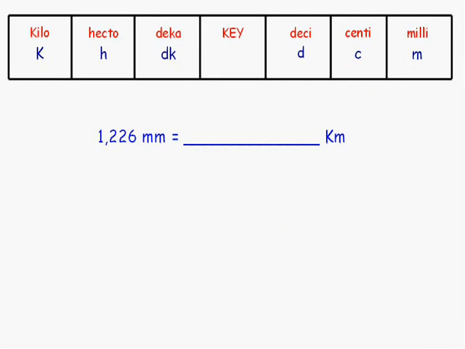Finally, this time, let's try a big conversion from millimeters, which are very, very small, to kilometers. So you write your naked number, put your decimal down there behind the integers. Now we're moving from millimeters, very small units of length, all the way up to kilometers, which are very large units of length.